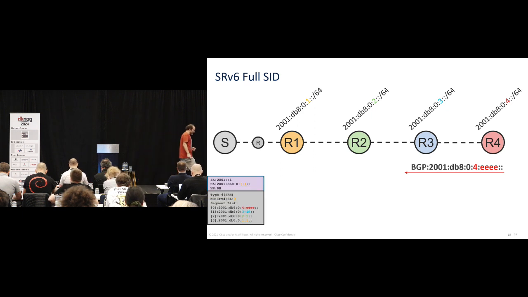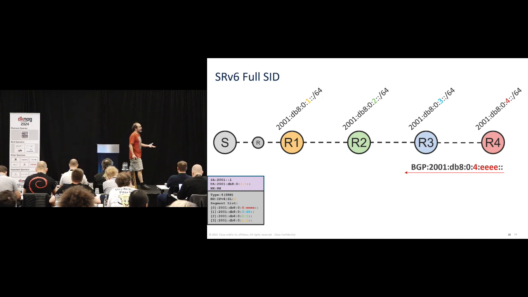So he will build the packet this way. He will put the list of the SIDs belonging to each router, and he will put those SIDs there in kind of reverse order. So the very first SID is in the last place, the second SID is the one before last, and so on and so forth. And the ultimate destination is on the top. And he will set the Segments Left pointer to 3, because 3 is the currently active segment.